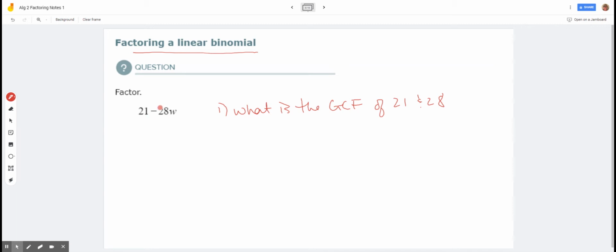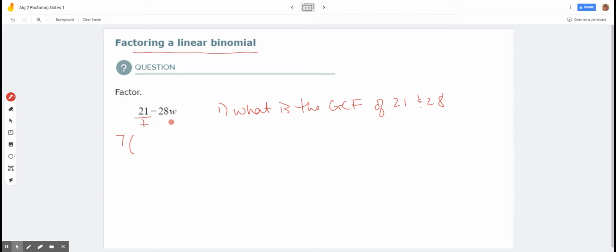It's a different way of looking at it. Here's the division way. Okay, I find that when students are having trouble with this, division is the way to go. Okay, so what is the greatest common factor between 21 and 28? The answer is 7. So what you're going to do is separate this into 7 times something.